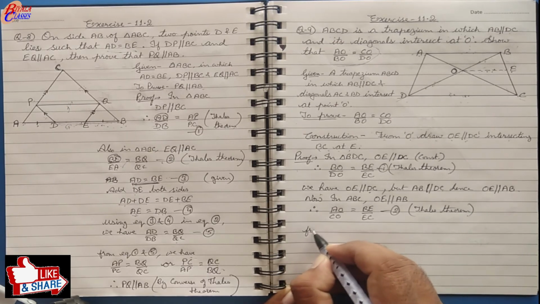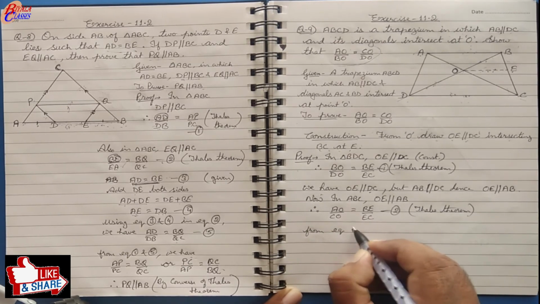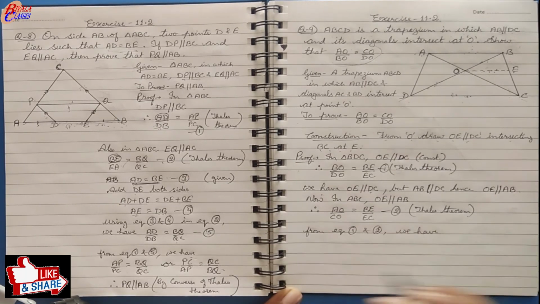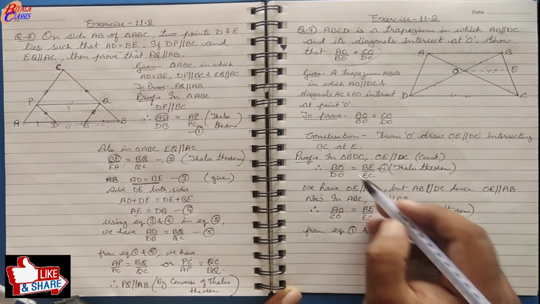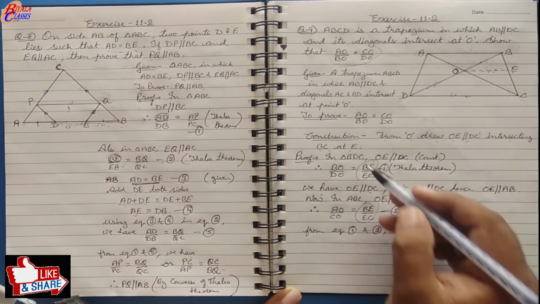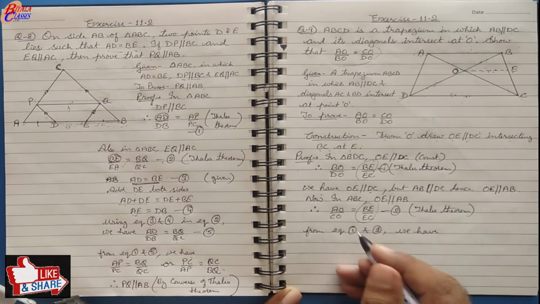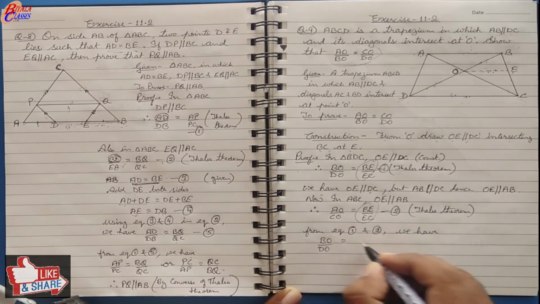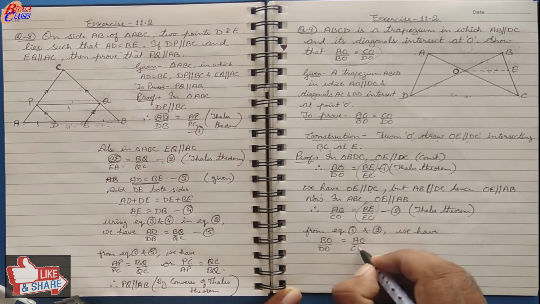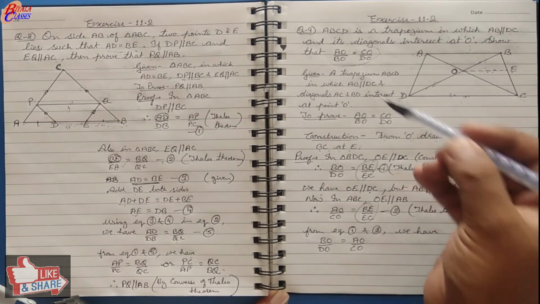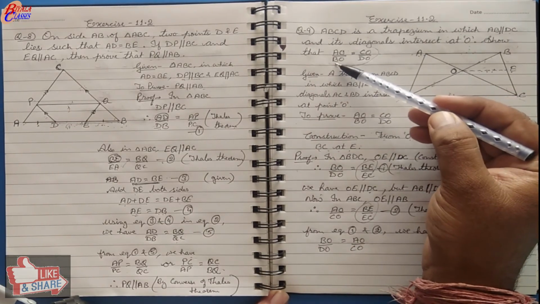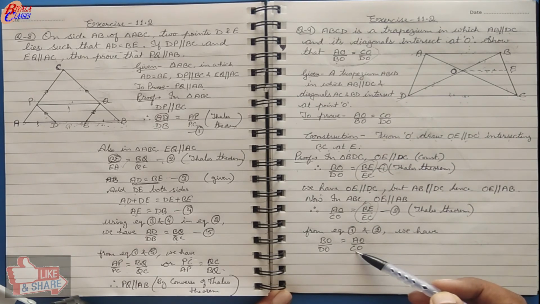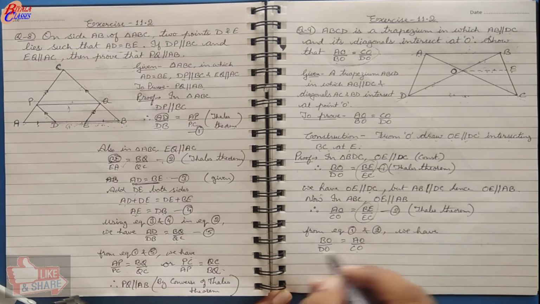Now comparing equations 1 and 2, if you see these two equations, the right hand side is equal. So the left hand side will also be equal, that is BO upon DO is equal to AO upon CO. But what we need is AO upon BO, whereas here we have AO upon CO. So slight changes are needed.